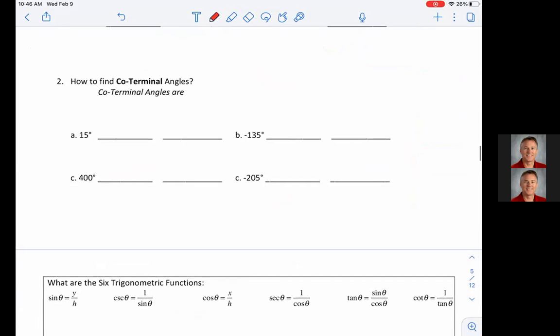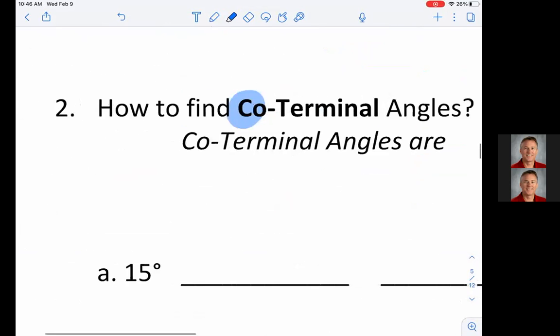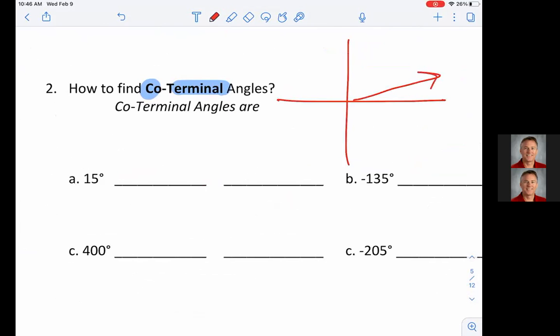All right, next, coterminal. Think about that term. Co means together, and terminal means to end. So angles that end in the same spot. Okay, how do you find a coterminal angle of 15 degrees? Well, if you had an angle of 15 degrees, say right here, okay, that would be in the first quadrant, of course.